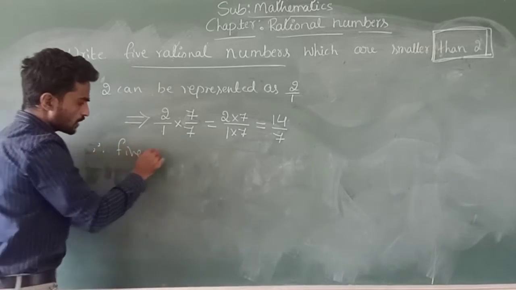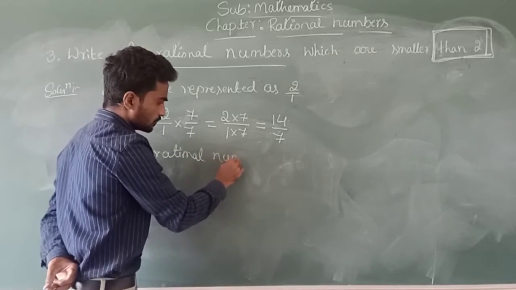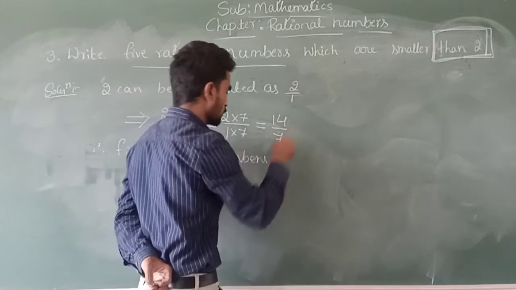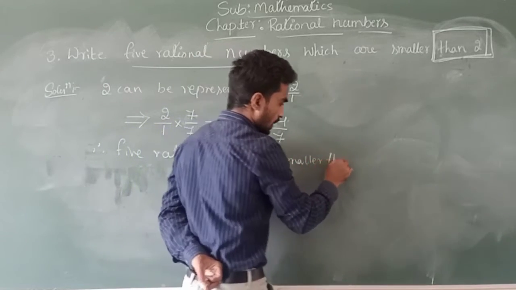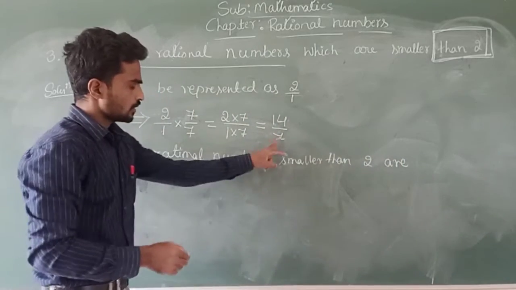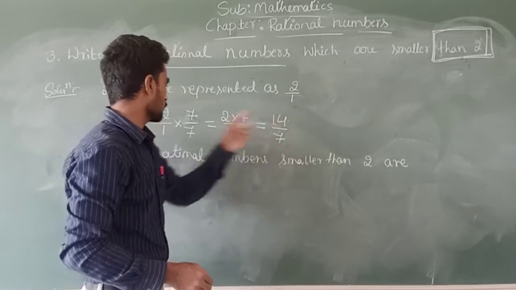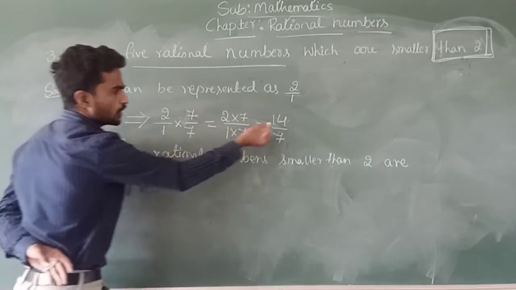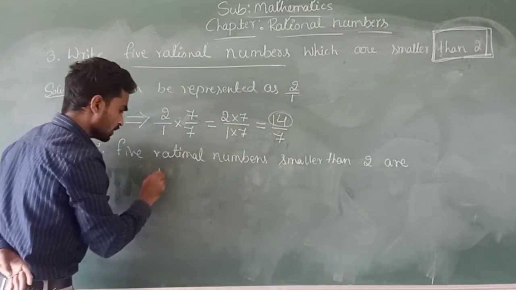Therefore, 5 rational numbers smaller than 2 are, we know that 7 ones are 7, 7 twos are 14, 14 divided by 7, again we get 2. Here 14 is there, the smaller number than 14 is 13.